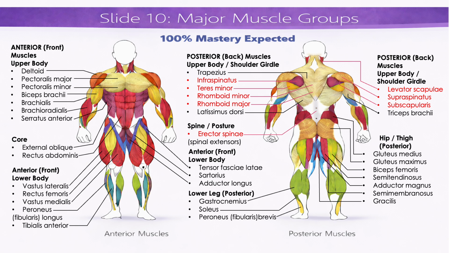The levator scapulae lies deep along the upper cervical spine and elevates the scapula. The erector spinae forms a deep postural muscle group that stabilizes the entire spine. Together, these muscles control shoulder stability, spinal alignment, and postural endurance.